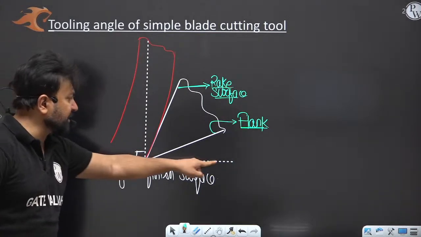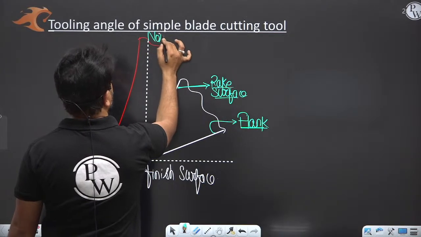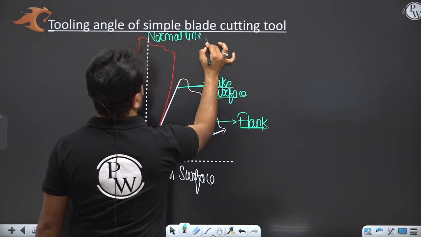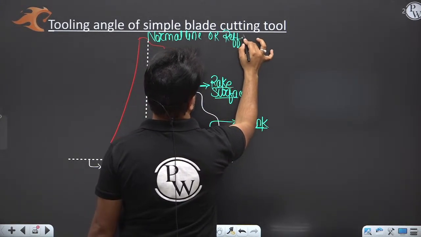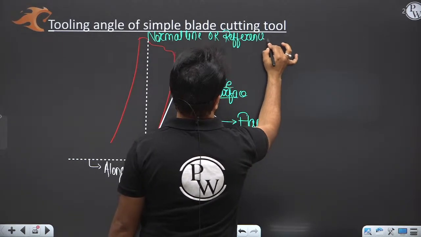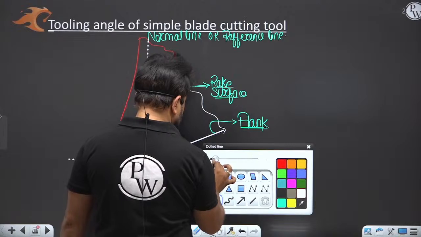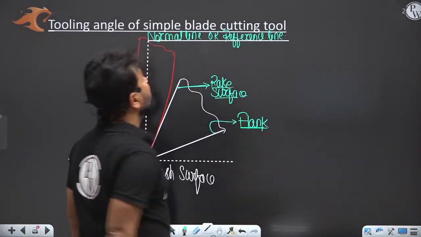This line which is perpendicular to the finished surface is called the normal line or reference line, right?